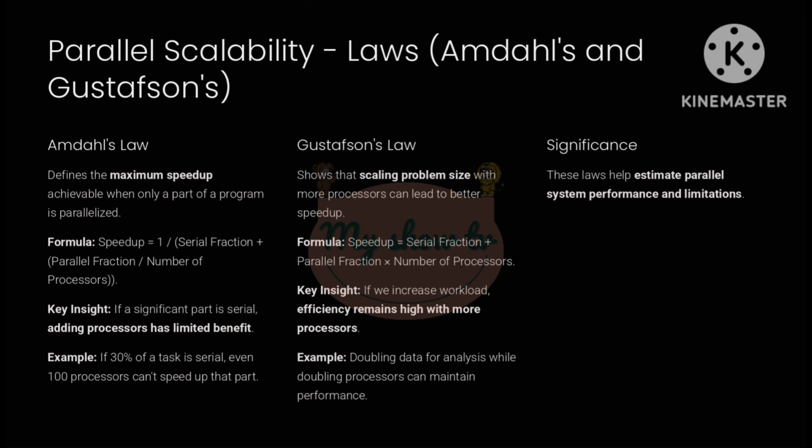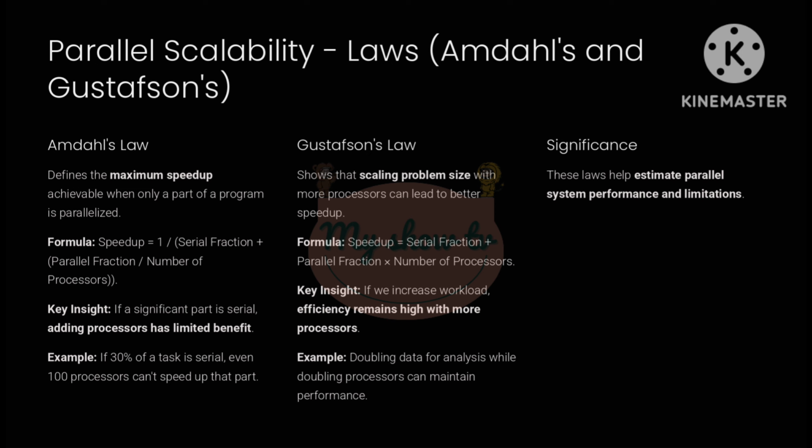On the other hand, Gustafson's law takes a different perspective. It says that if we increase the problem size as we add more processes, we can still achieve good speedup. This is very practical because in many real-world cases, as we get more processes, we also increase the workload, like analyzing larger datasets.